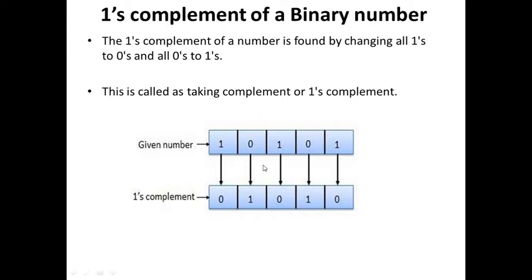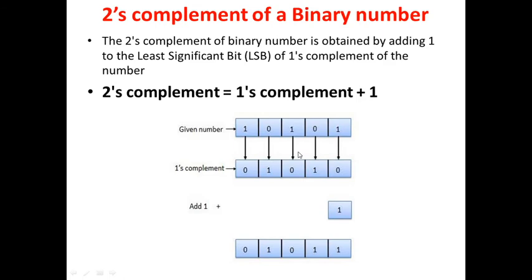For example, this is a given number. How do you get a first complement? Just change 1 to 0, 0 to 1. So you have got 1 to 0, this became 1, this became 0, this became 1, this became 0. So this is a first complement of this binary number.